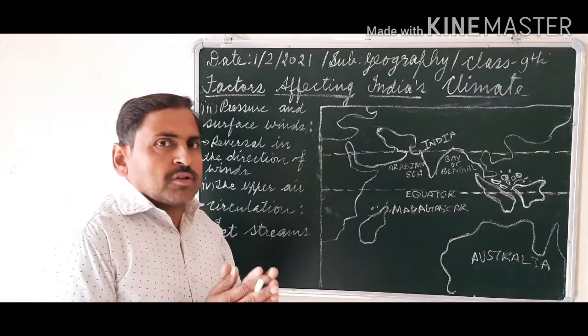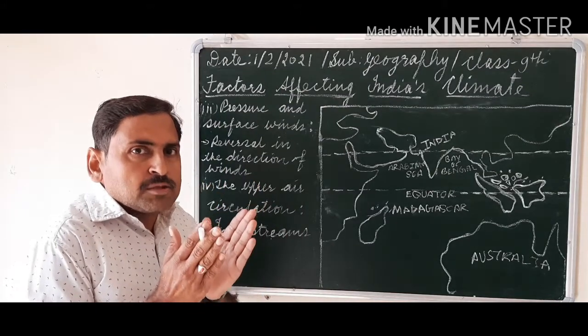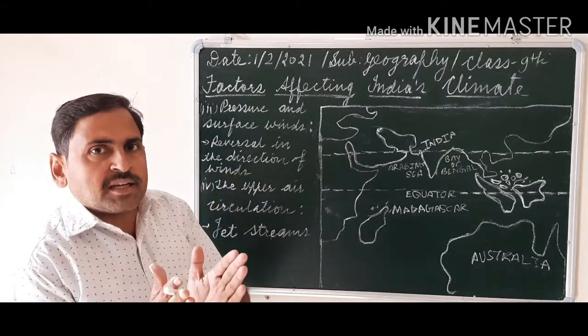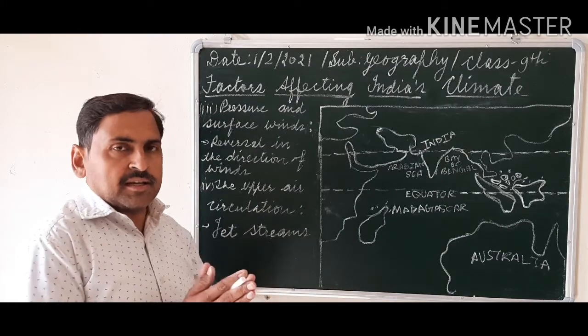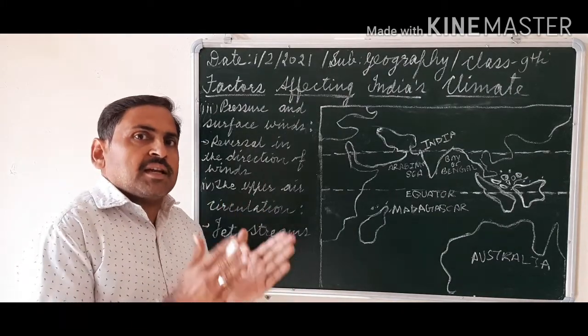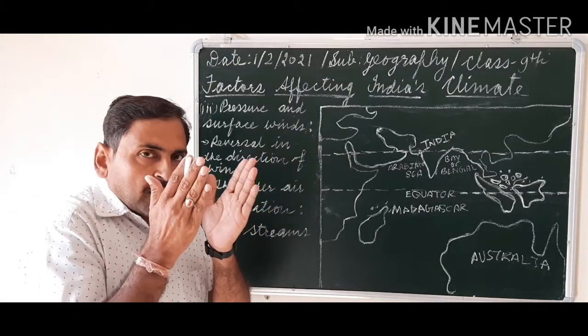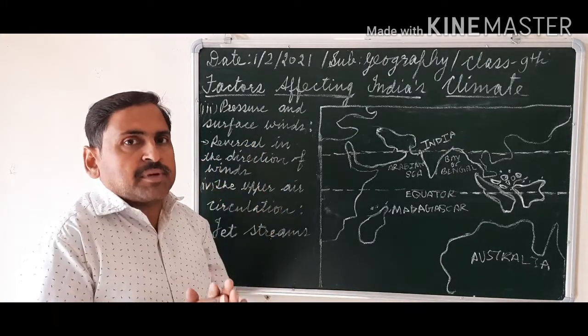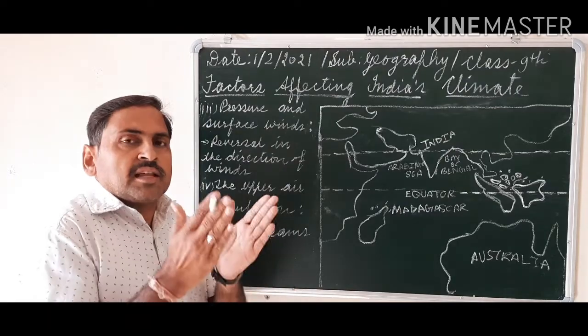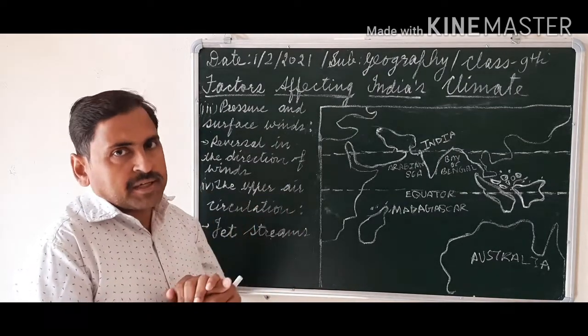And all of you know that the winds always move from high pressure area to low pressure area. High pressure area is created when there is a steep fall in the temperature. So during winters there will always be high pressure.